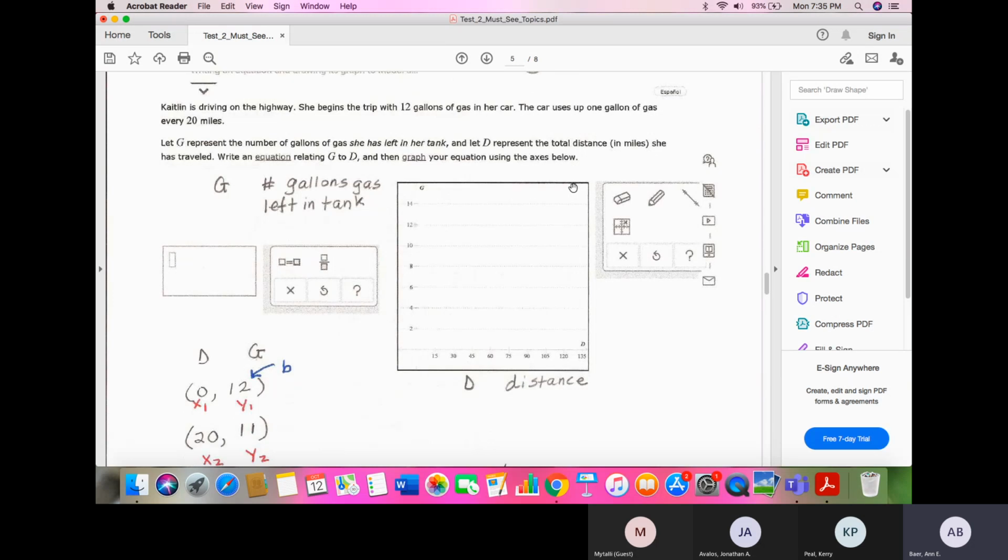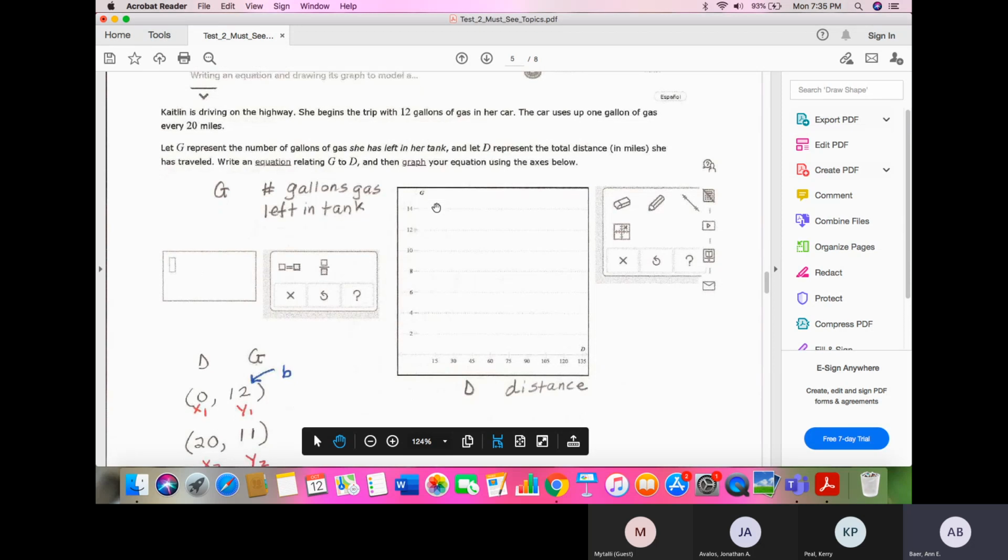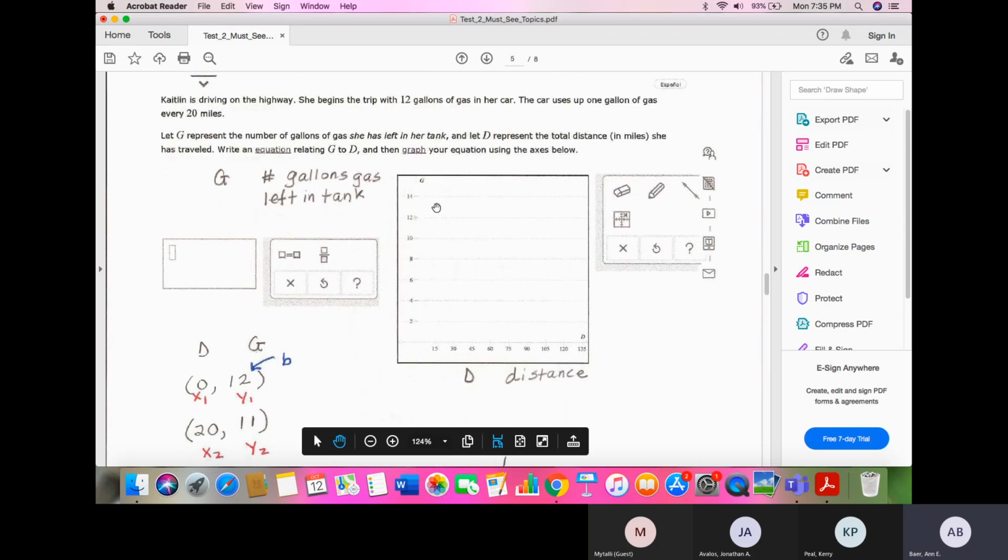Now, one thing I want to caution you to really watch out for, we're so used to working with X and Y, and Alex won't accept X and Y for this problem. Please be sure you remember to use D and G instead.